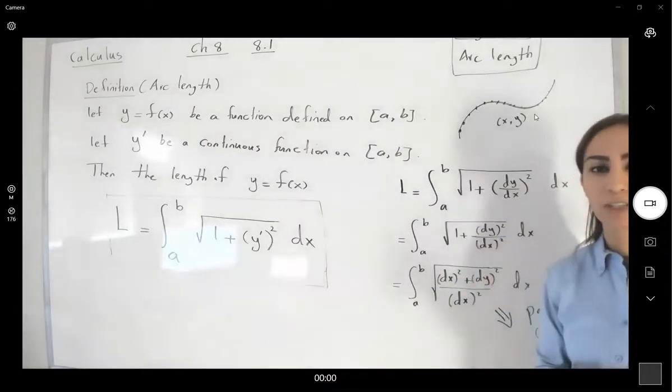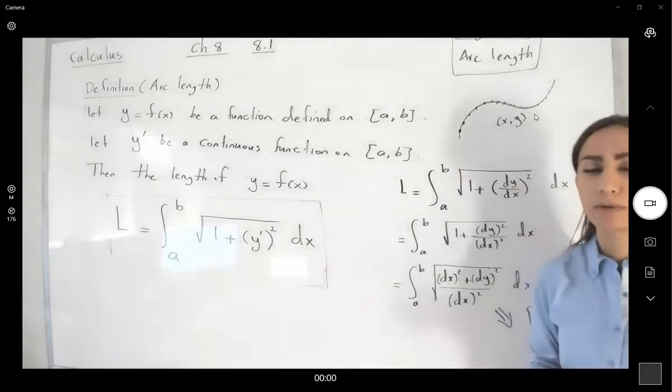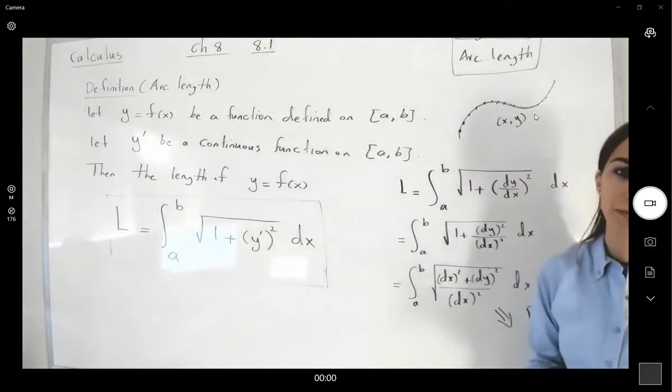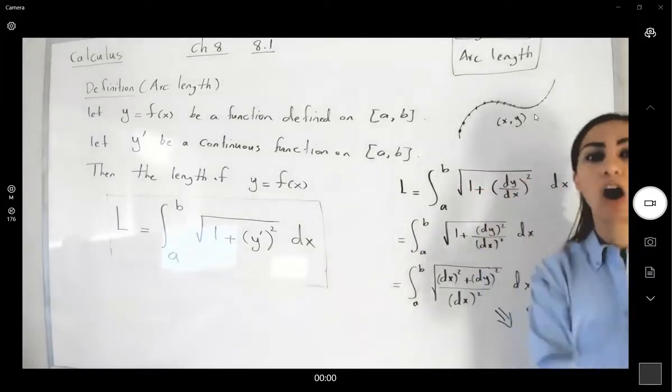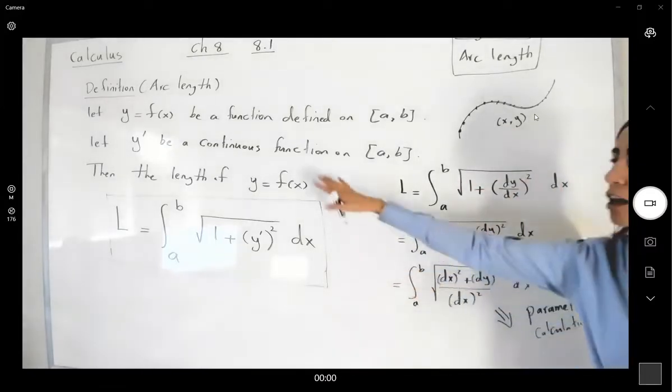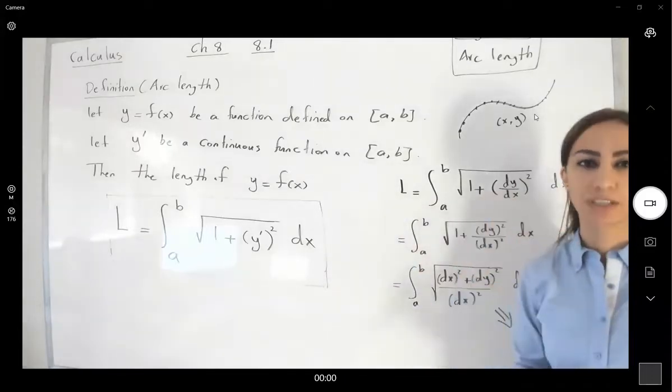Later on, you're going to see that we can introduce some new variables like time, why not? And we're connecting the position to the time, and we convert all of these formulas into parametric form.